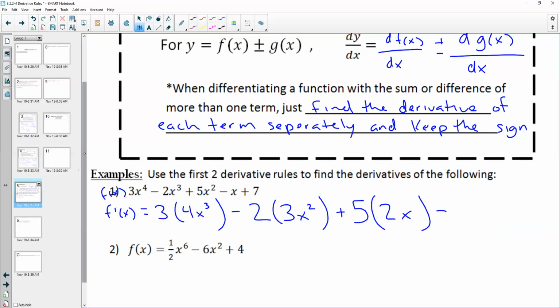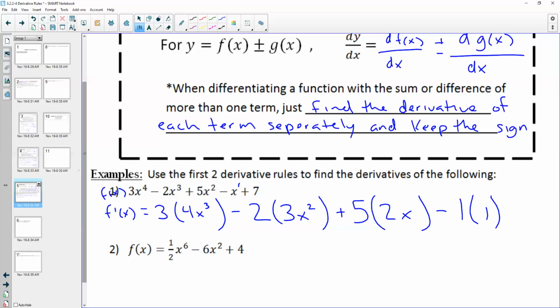Okay, and then we're subtracting x. So the derivative, we have an exponent of x to the 1 there. So we can bring out the negative 1, and then x to the 0 is going to be 1.